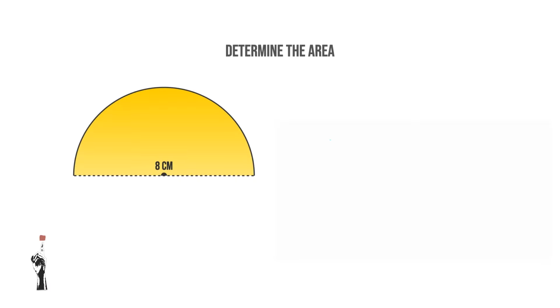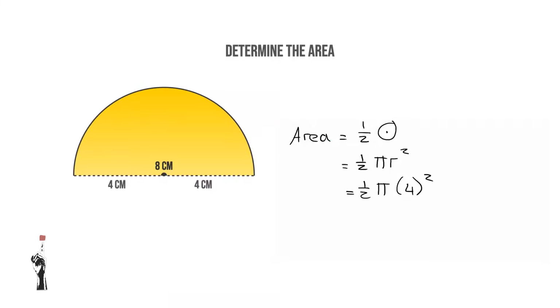So I can write that my area is equal to half of a whole circle, which is a half times pi r squared, which is equal to a half times pi times my radius, which is 4, since my diameter is 8. Therefore, I substitute 4 for my radius.